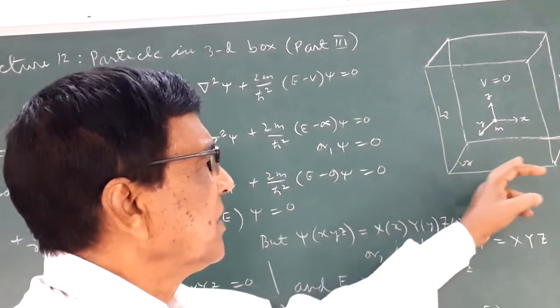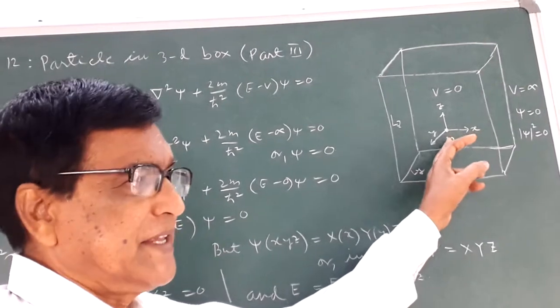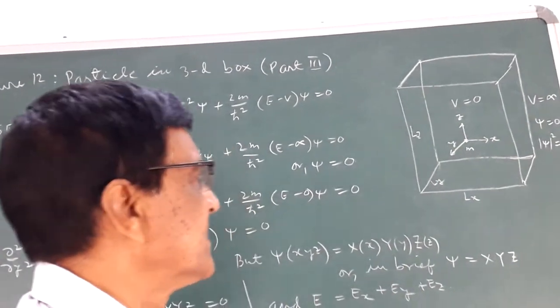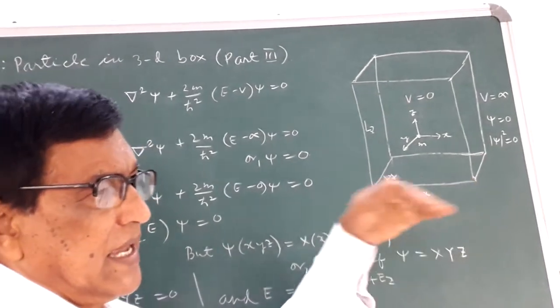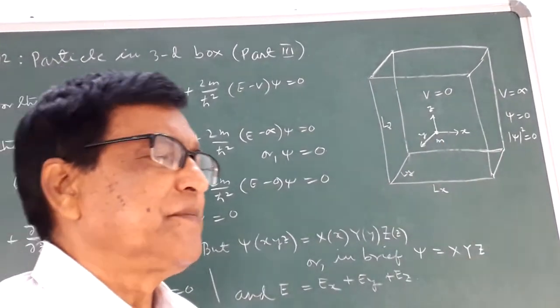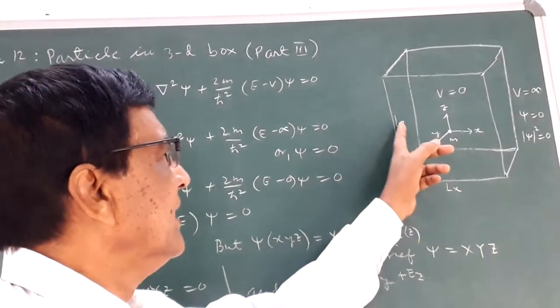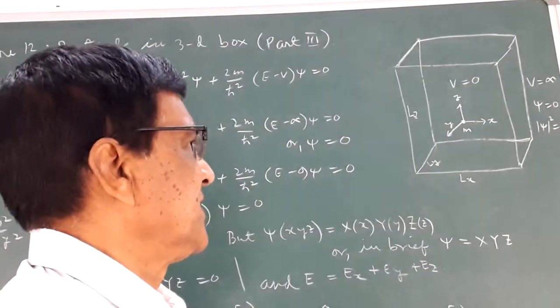It is a rectangular box where the particle of mass m is moving in all 3 independent directions, and this rectangular box has the side lengths Lx, Ly, Lz along the x, y and z directions.